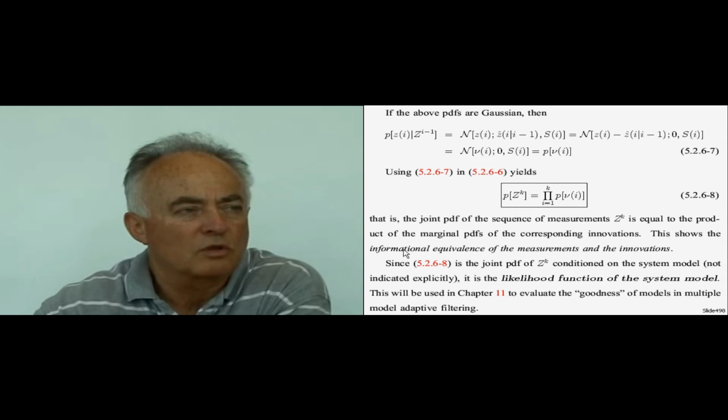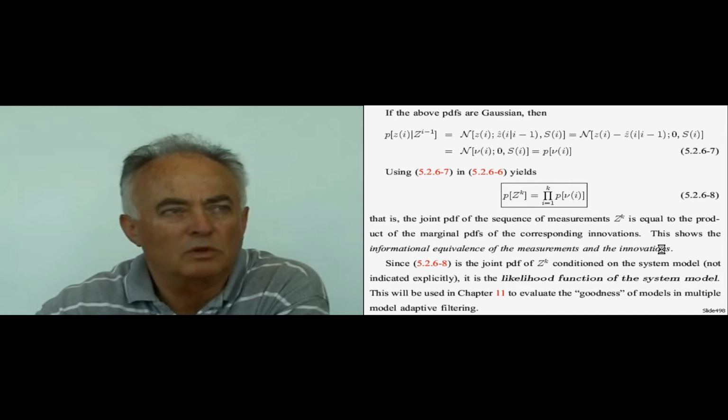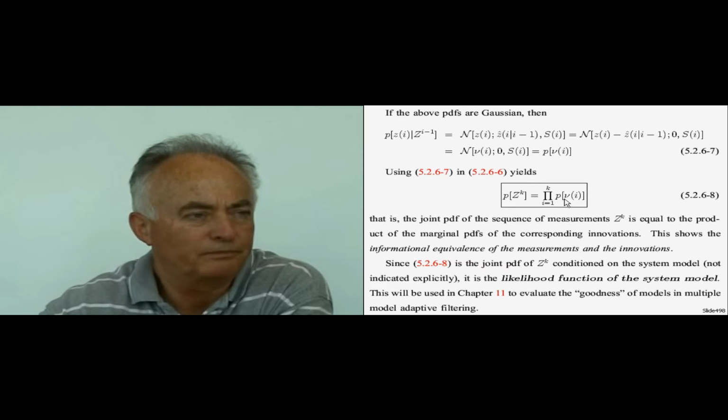This shows, on one hand, an informational equivalence of the measurements and innovations. On the other hand, it is an excellent evaluation tool, very convenient, because it's much easier to write this as the PDF of the innovations.